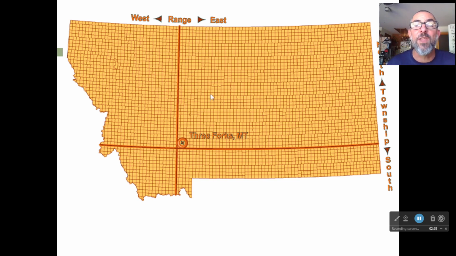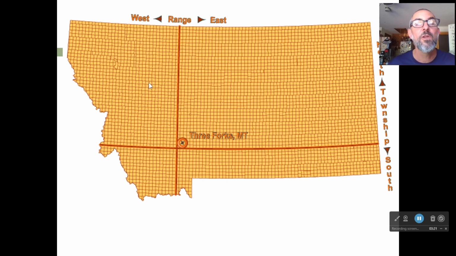These little squares that are formed as a result of these lines, well, let me back up. Every one of these lines is drawn 6 miles apart. So you've got these strips of land that are 6 miles high, and you've got these columns of land that are 6 miles wide. So each one of these little squares in here is 6 miles by 6 miles.